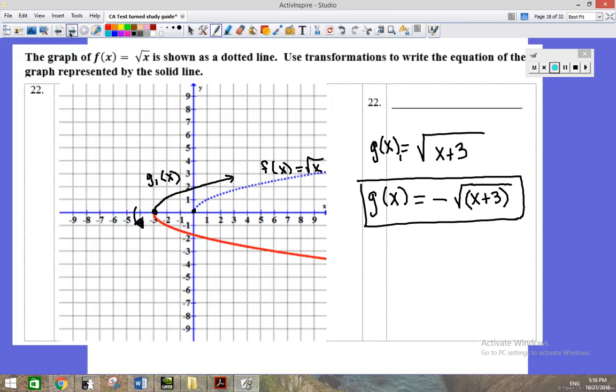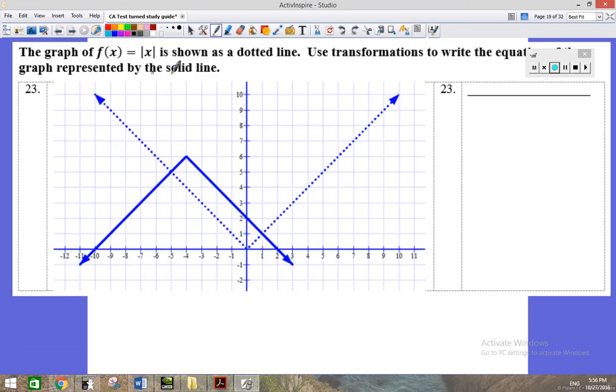Let's take a look at the next one. So here our dashed line, our parent function, is the absolute value function. And again, we're going to the left. Let's have our first transformation. This is absolute value, so left and right is before we apply the function.